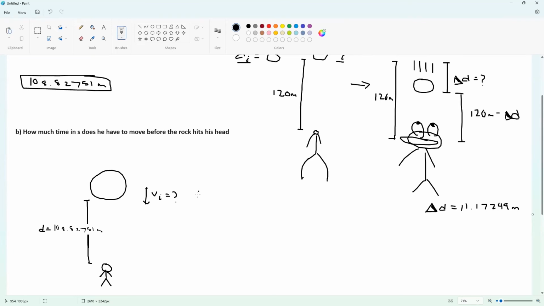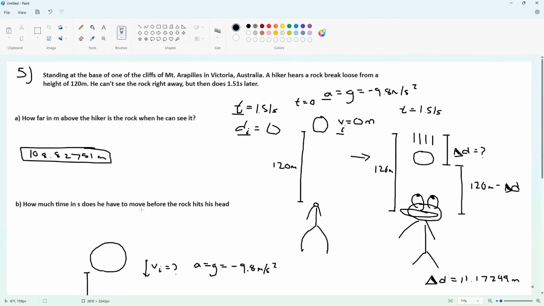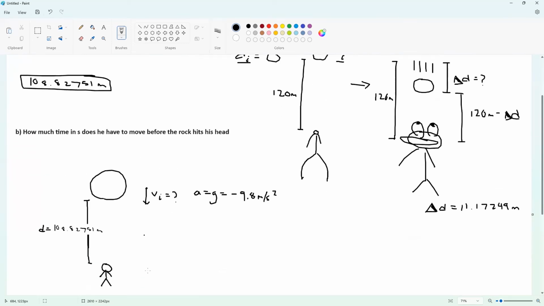We know the acceleration, which is equal to gravity, which is going to be equal to negative 9.8 meters per second squared. Is there anything else? We don't know its final velocity. We don't know how much time it's going to take before it hits the ground, because that's what we're looking for.